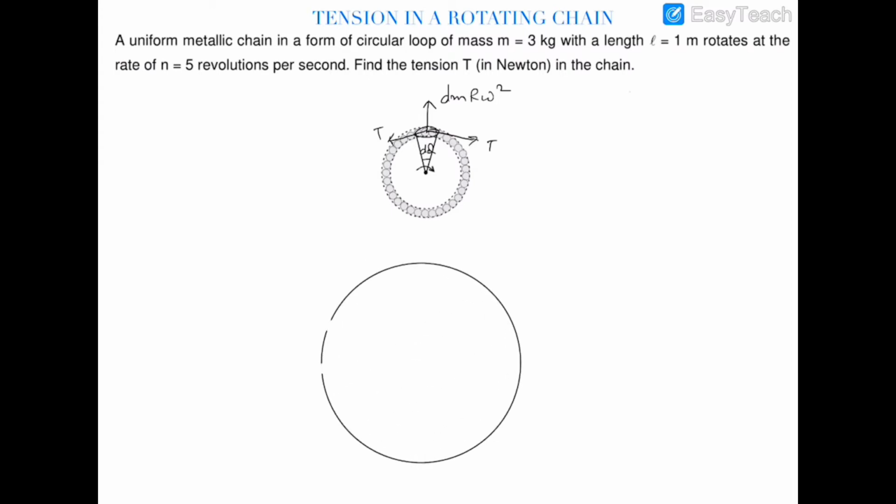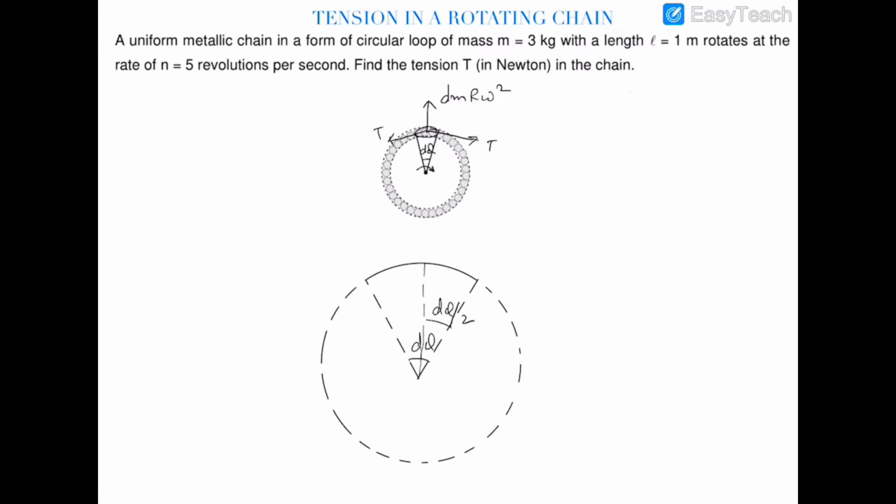So let us suppose that this is the chain, and this is the element. This angle is d theta, and this half angle is d theta by 2.